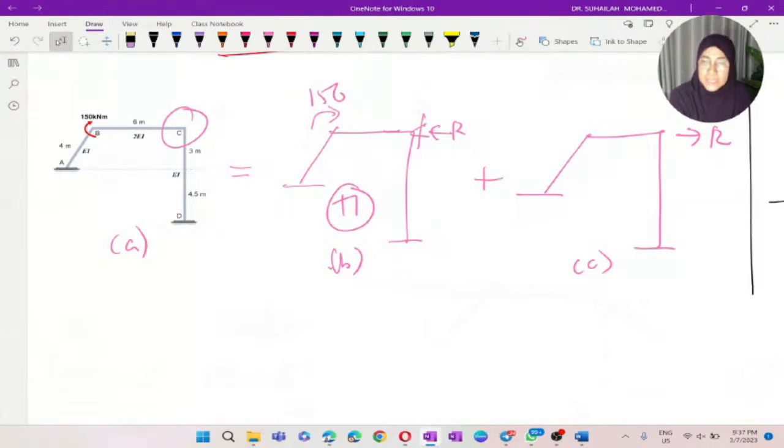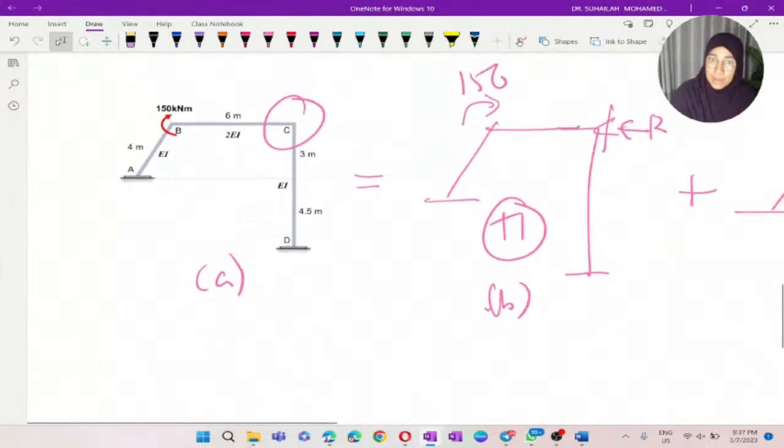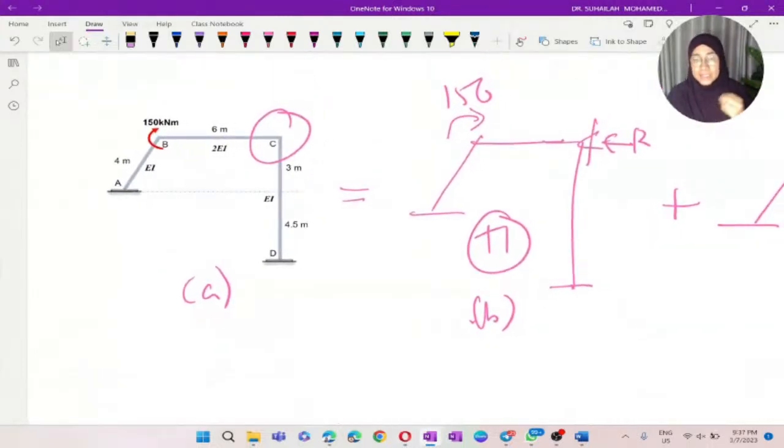We want to calculate the total moment, or final end moment, in diagram A. Diagram A has a combination of FEM due to external loading and FEM due to delta.